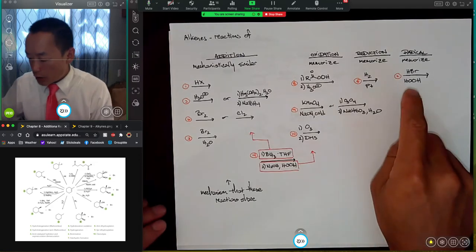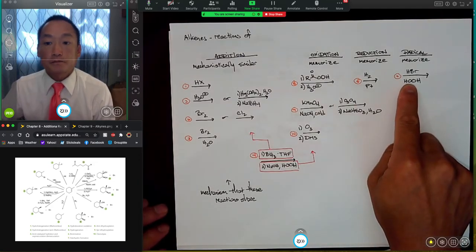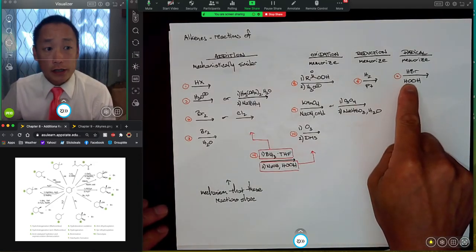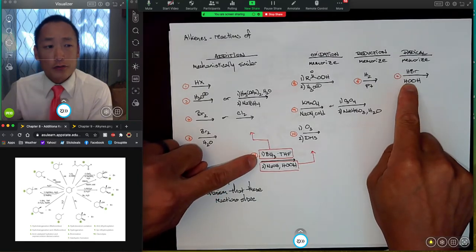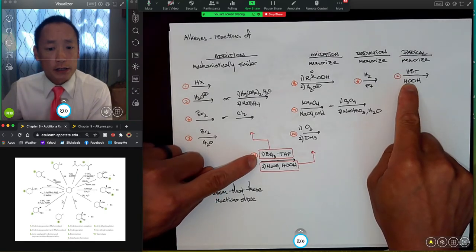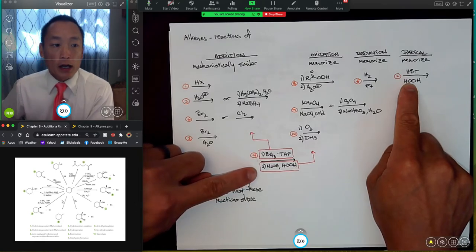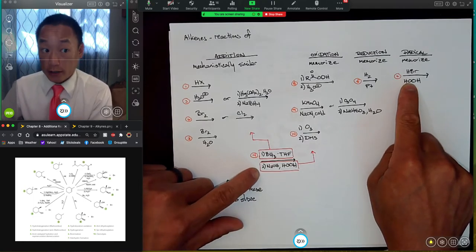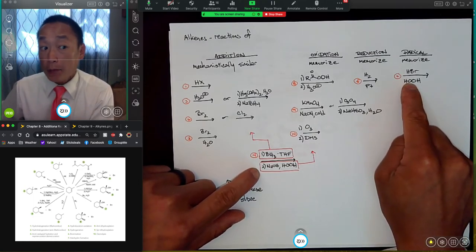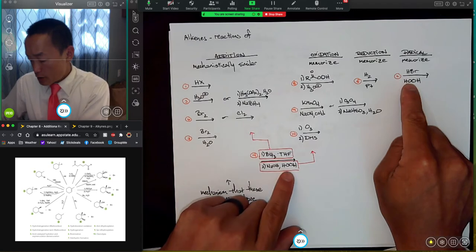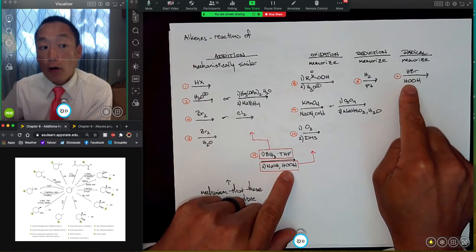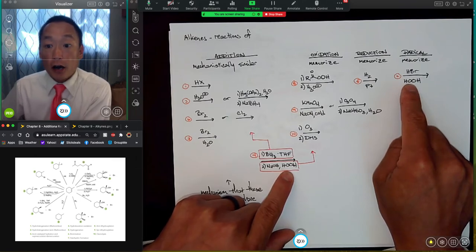I want to talk about this radical reaction right here, and this reaction right here, this BH3·THF over sodium hydroxide and HOOH. Most importantly, I want you to be able to recognize that when you see this, HOOH, that is going to create some differences in our chemistry.